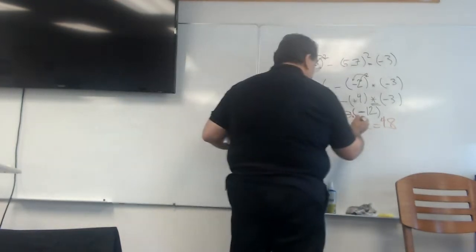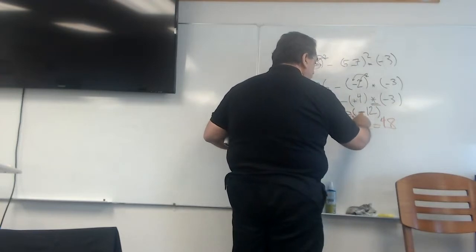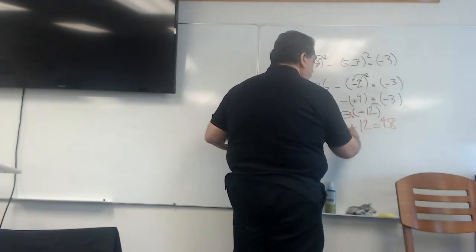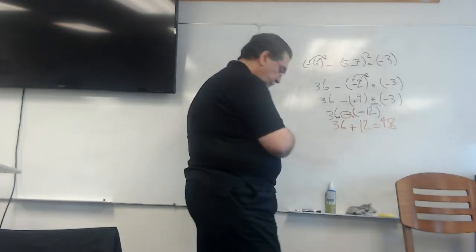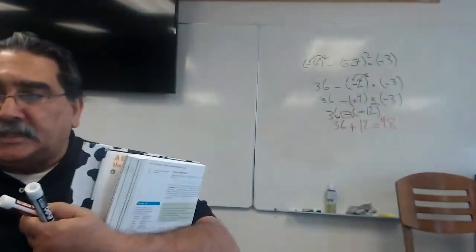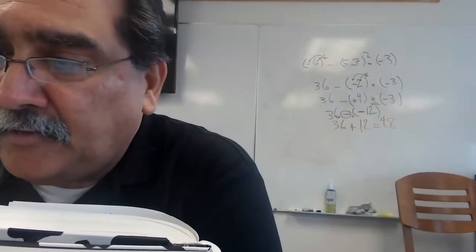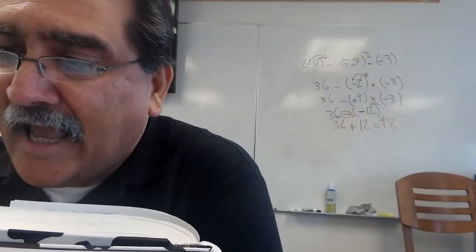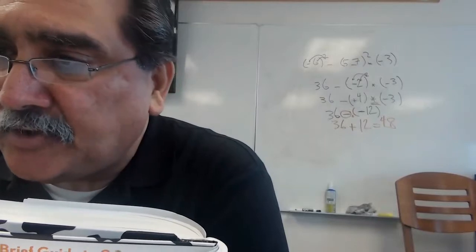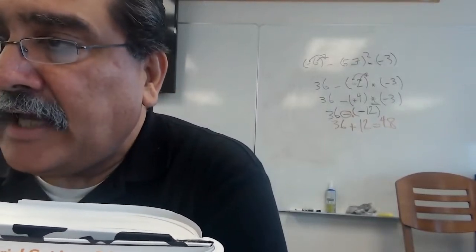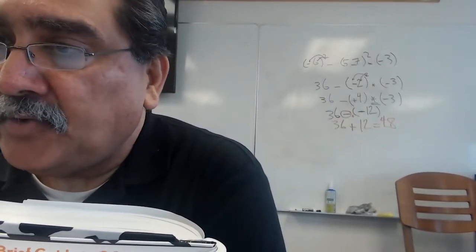If, for example, this was plus, plus times negative will make it negative. So for order of operations, please remember parentheses, exponent, multiplication and division, and addition and subtraction. And remember, you do the addition and subtraction from left to right.